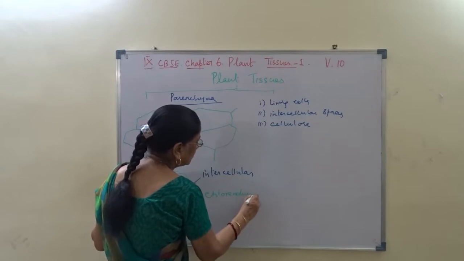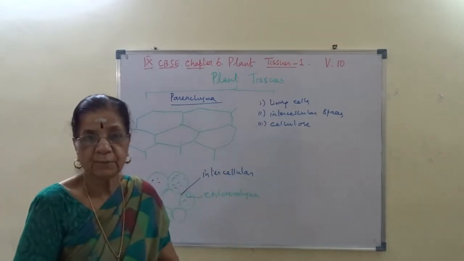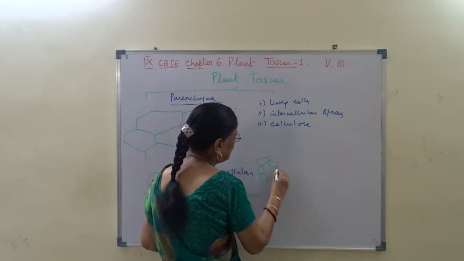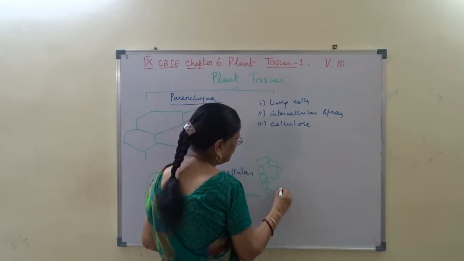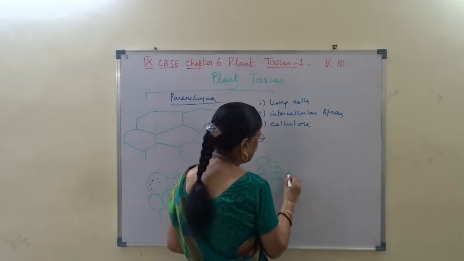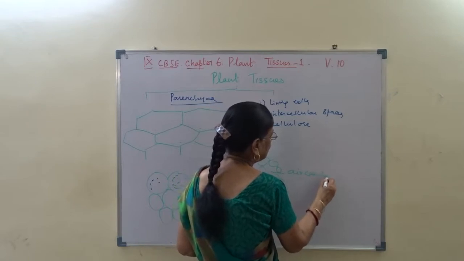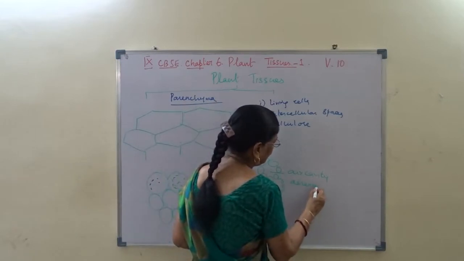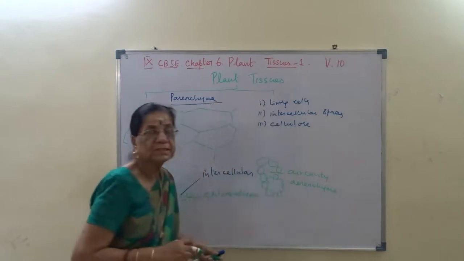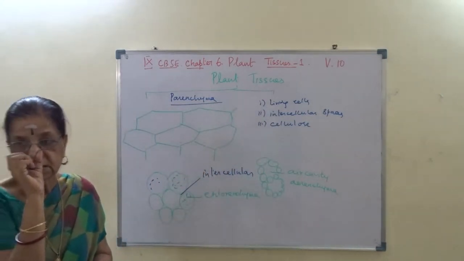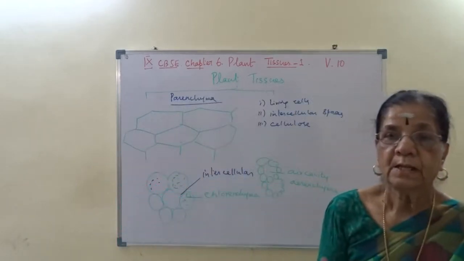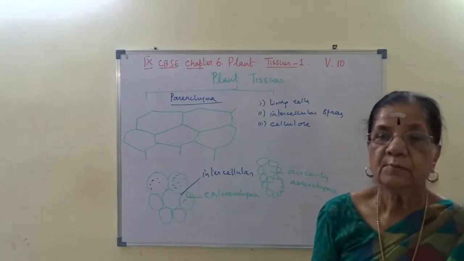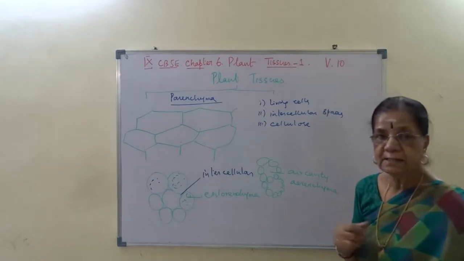When it has more air spaces, like in aquatic plants, where these are the cells and these are air cavities or air spaces, at that time it is called aerenchyma. So the first form is parenchyma, then with chloroplast it is chlorenchyma, and with air spaces it is aerenchyma.